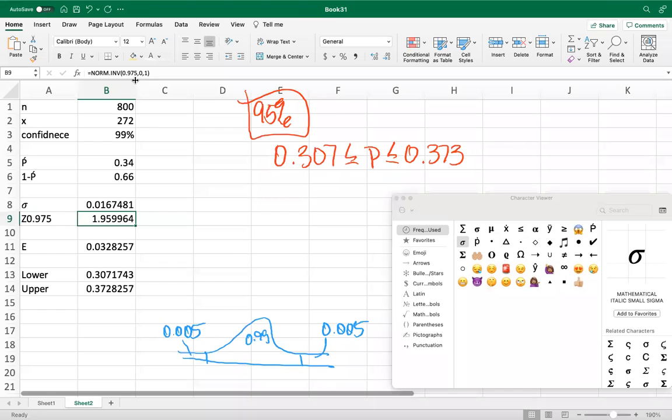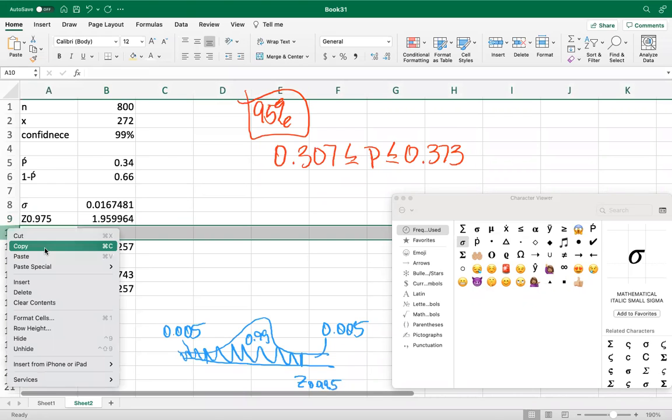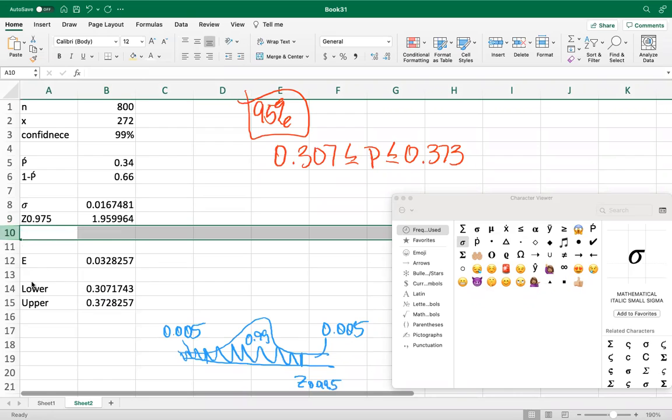So that's how we justify this area here. But now what we're looking at is this over here. So the z-score of this entire area, and that's going to be the z-score of 0.995. Actually, instead of messing that part up, we could do this. Let's insert.